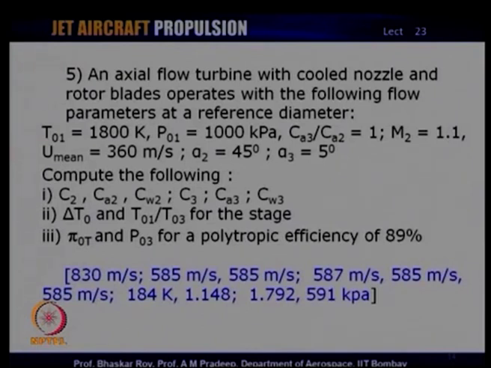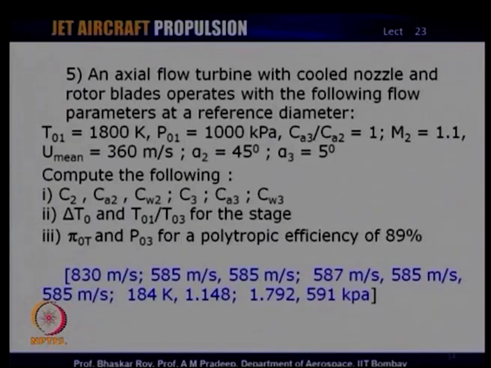You are required to compute the following, that is C 2 at the exit of the stator nozzle, C A 2 the axial velocity between the stator and the rotor, C W 2 the absolute tangential component of the velocity at station 2 between the stator and the rotor, C 3 the absolute velocity at the exit of the rotor, C A 3 the axial velocity, and C W 3 the tangential velocity at the exit of the rotor.